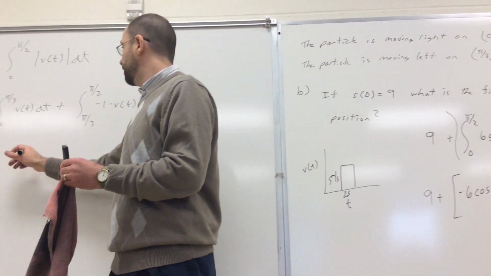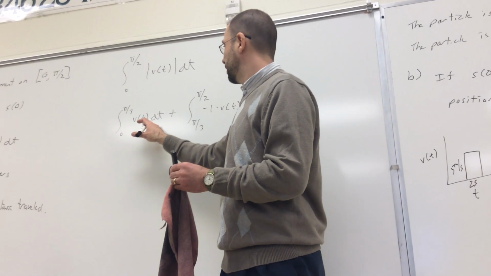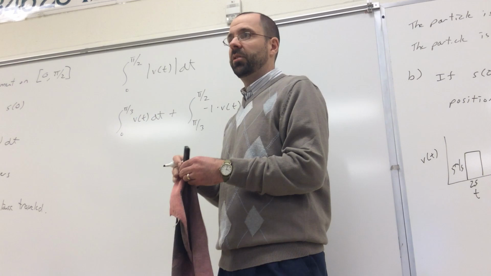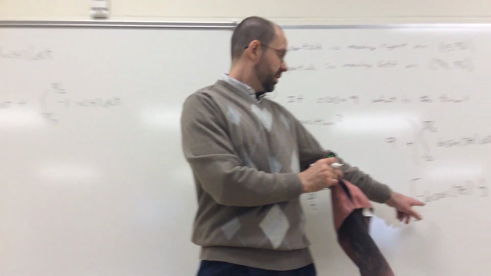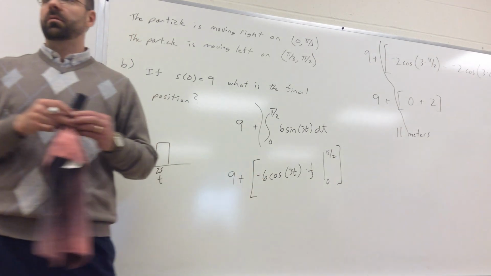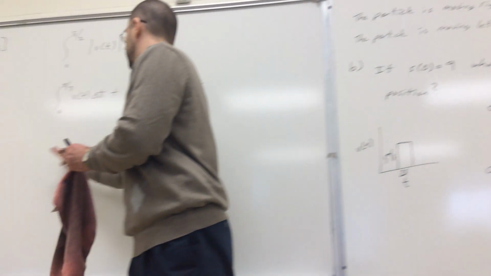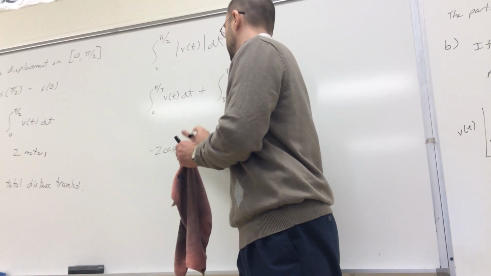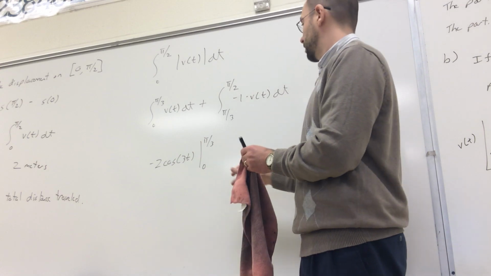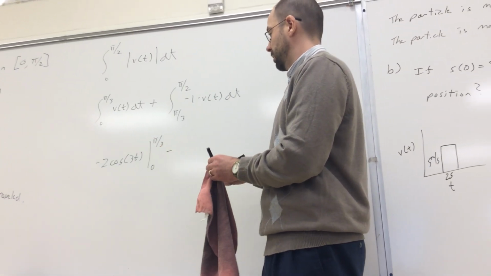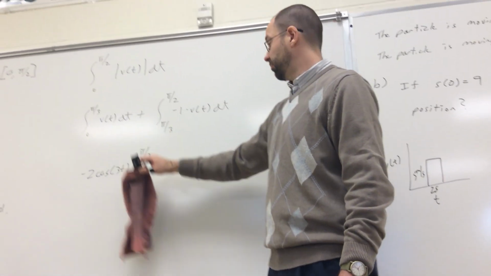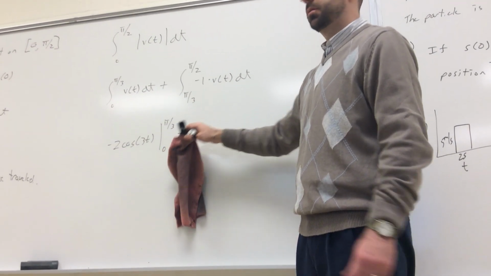Okay, so now I'm going to take the antiderivative of v of t, which I already did, luckily. That was -2 times the cosine of 3t, right? So now I'm going to just bring this negative out in front of the integral and make it a minus.